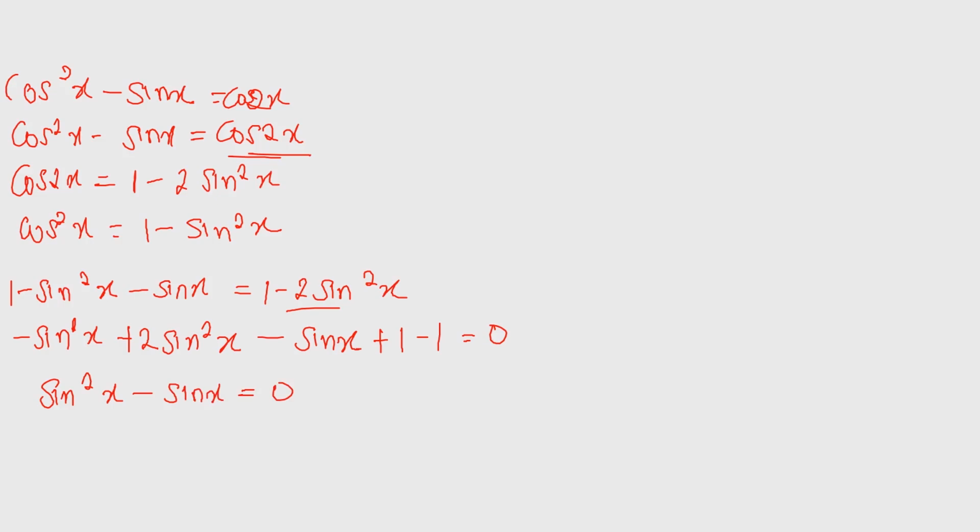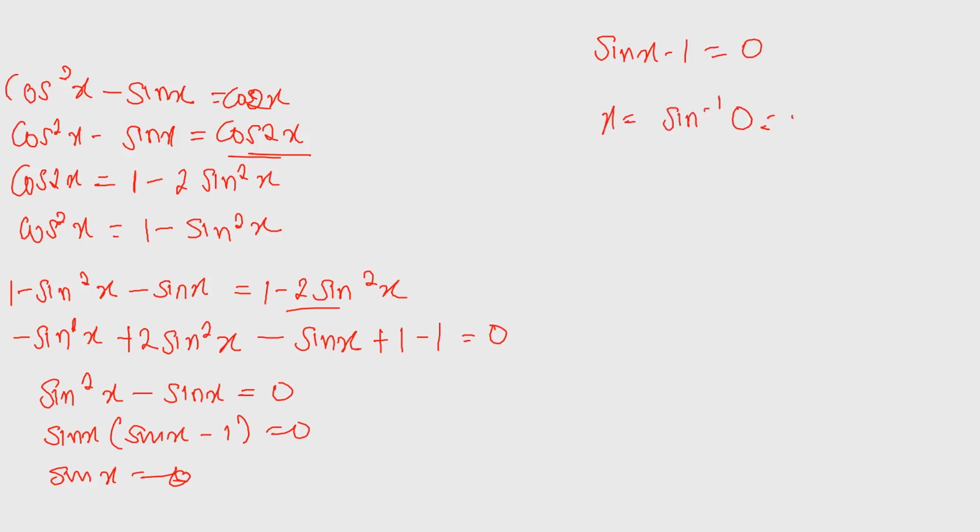You can factorize. So if you factorize, you're going to have sine x into sine x minus 1, which is equal to 0. Which means that sine x is equal to 0 and sine x minus 1 is also equal to 0. For the first one, x will be equal to sine inverse of 0, which is also 0.